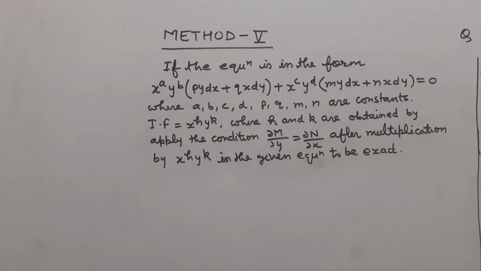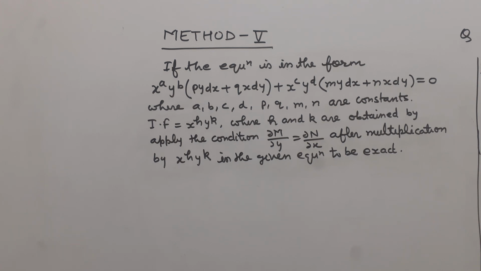Here we can see if the given differential equation M dx + N dy = 0 is not exact, then we check whether the given equation is in the form x^a y^b (py dx + qx dy) + x^c y^d (my dx + nx dy) = 0, where a, b, c, d, p, q, m, n are constants. Then we suppose the integrating factor is x^h y^k.